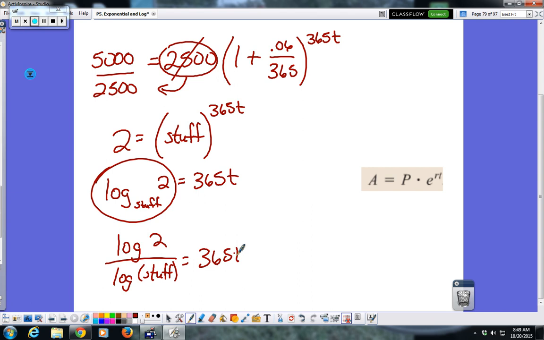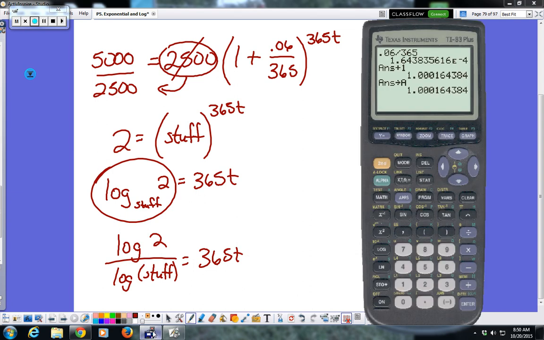equals 365T. So bring my calculator back up, and I have log 2, wherever my log button is, log 2, close parentheses, divided by log of stuff, which I stored in A here. So every time I want to use it, just hit A, enter. I get 4,216. I'm not done yet. This stuff is equal to 4,216.